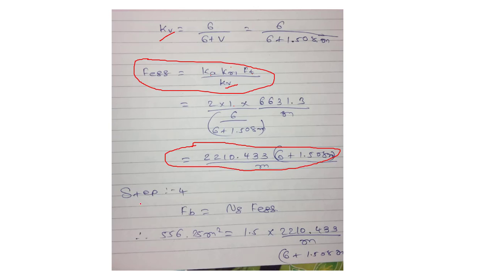Now next step, we already derived that for the further calculation we will use FB. So we know that FP is equal to factor of safety into F effective. The factor of safety is already given 1.5, and F effective we derived this equation, so we are putting this in.